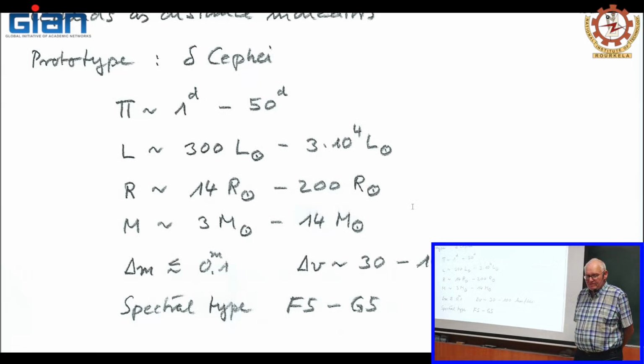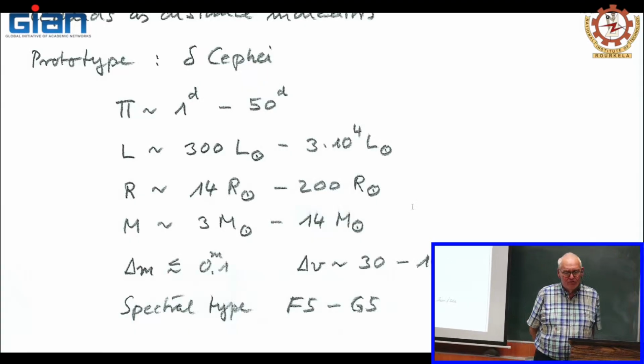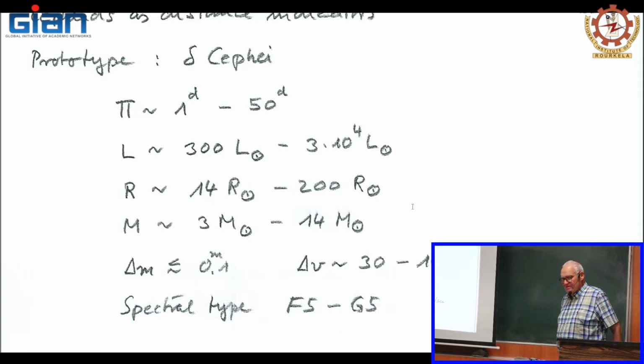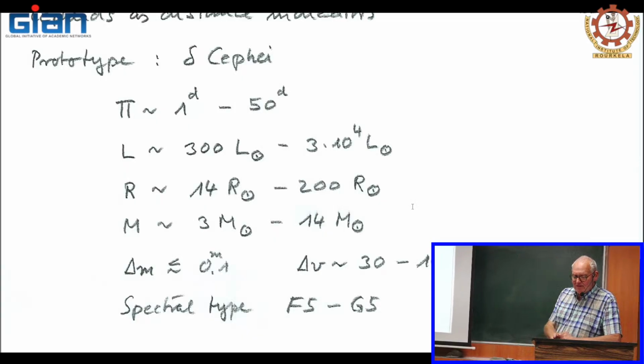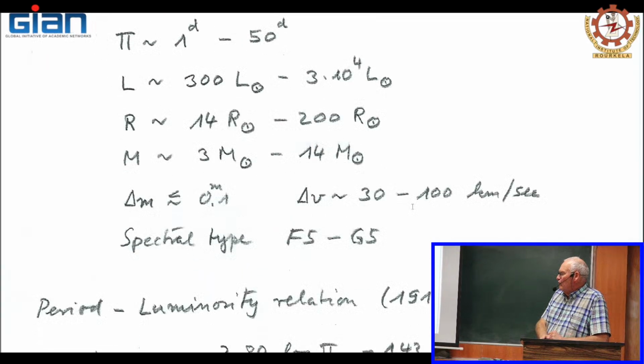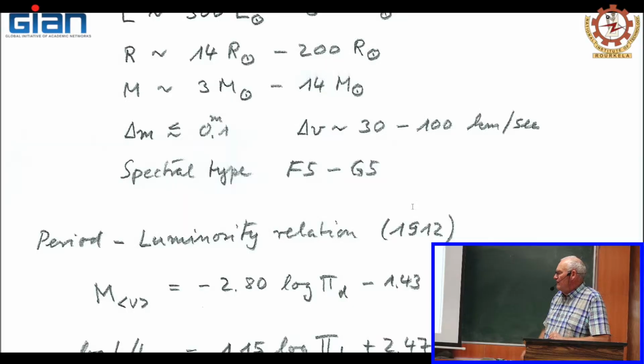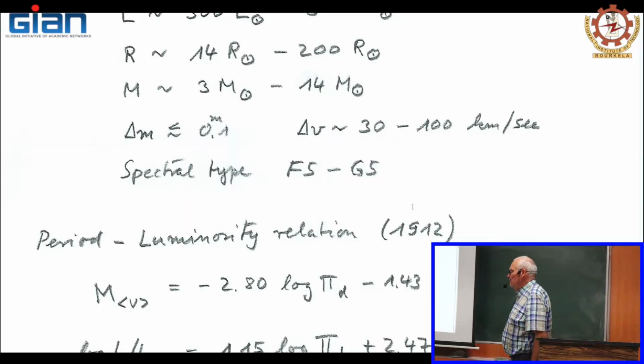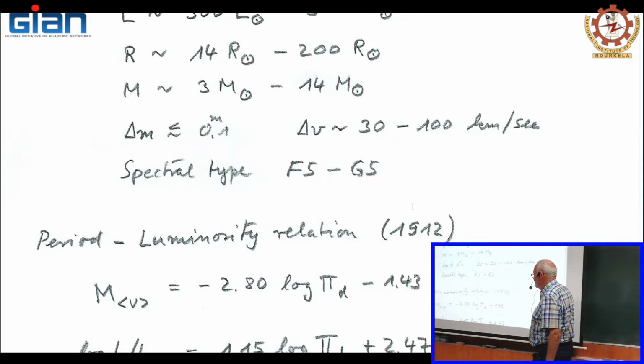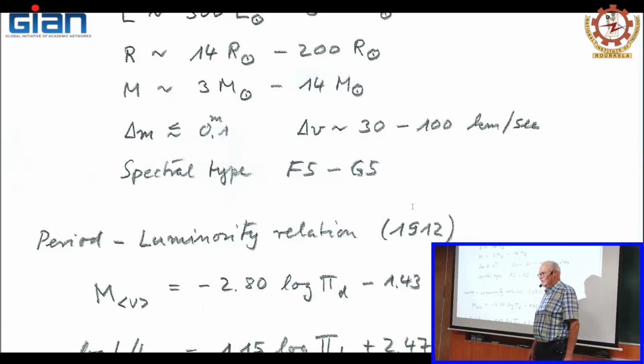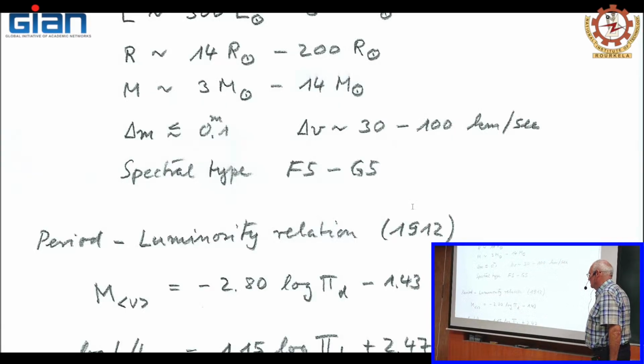Why are these Cepheids so important for distance measurements? This comes from the fact that for these Cepheids there is a relation between their absolute visual magnitude and the period of their pulsation.